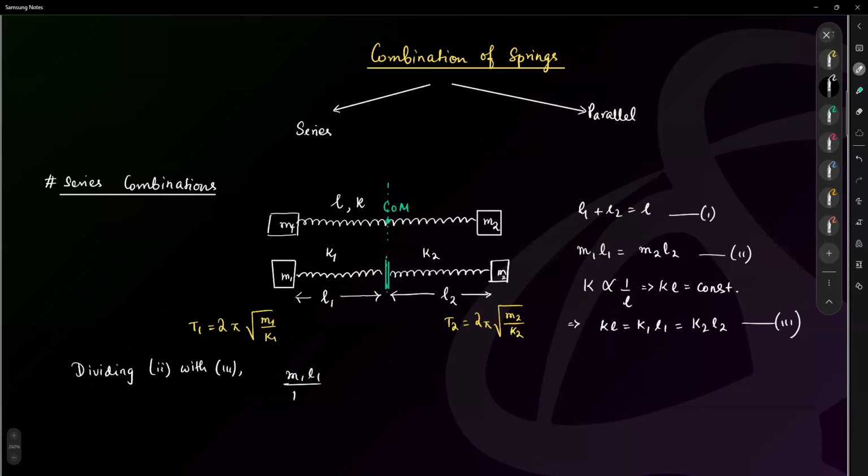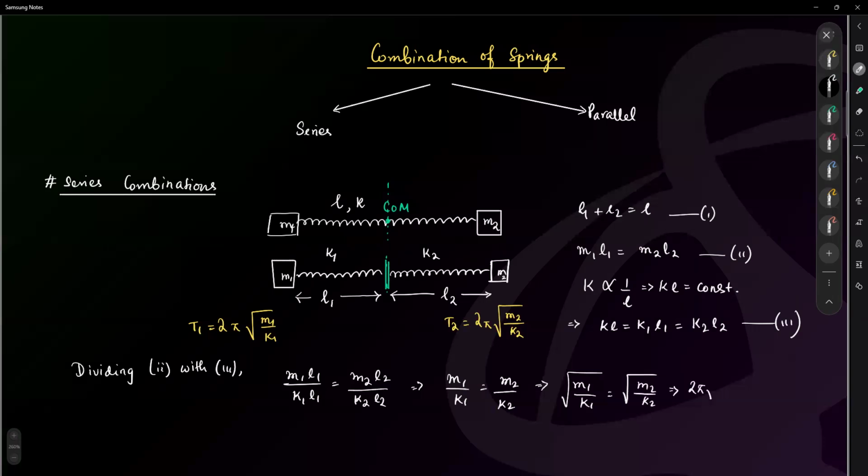M1 L1 by K1 L1 is equal to M2 L2 by K2 L2. From here, I can say that M1 by K1 is equal to M2 by K2. So root over of M1 by K1 is equal to root over of M2 by K2. That is 2 pi root over of M1 by K1 is equal to 2 pi root over of M2 by K2. This implies T1 is equal to T2.